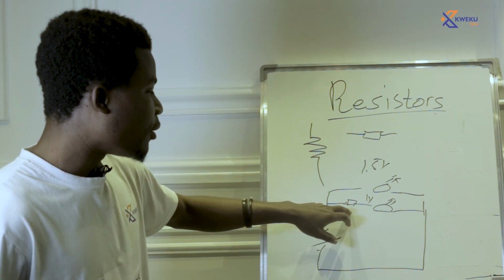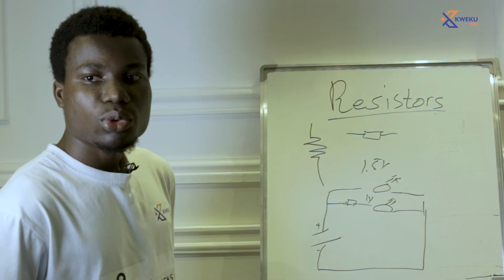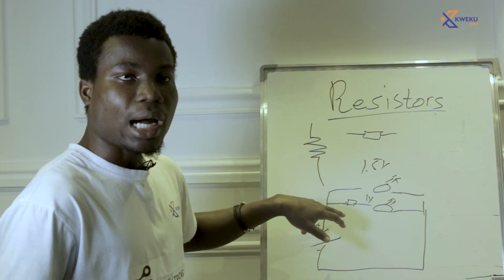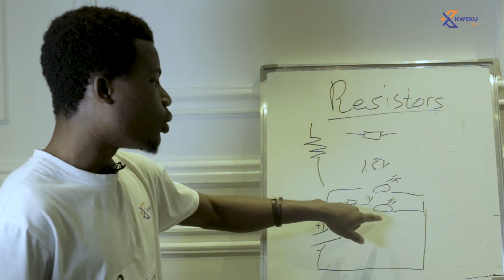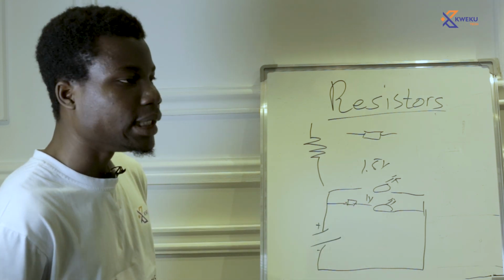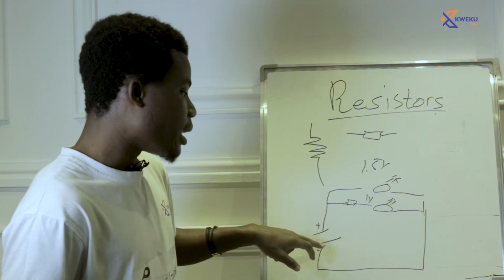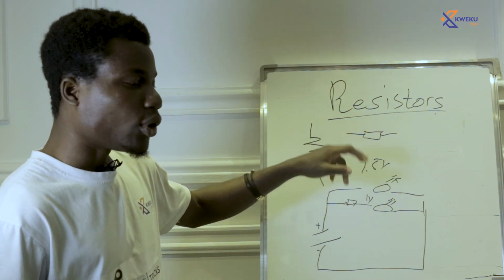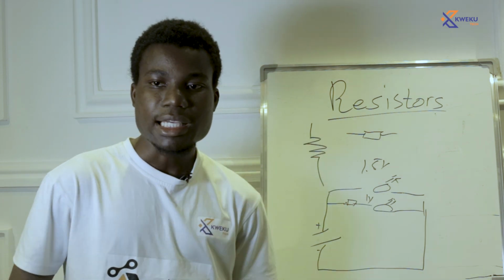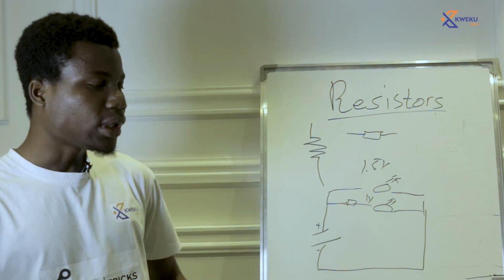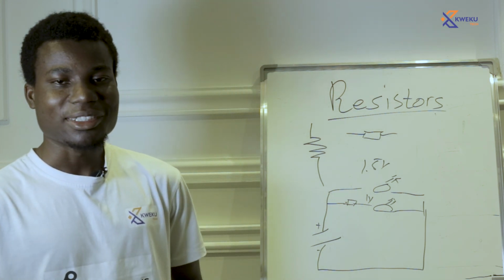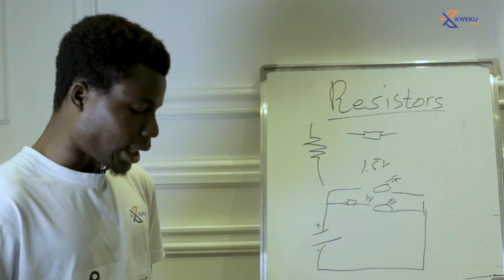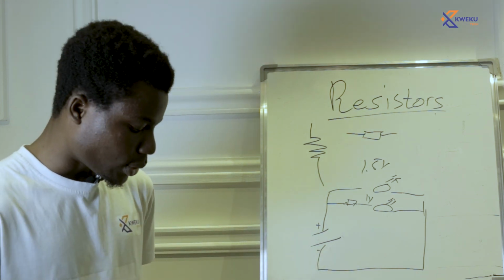But if you have a resistor here of the appropriate resistance, right, we can control the voltage that goes to our LED here, and then we can have the same power source providing two LEDs of different voltage. So that is the use of the resistor. So now you know that I understand what a resistor does and what it is, right? Let's see. I think I brought one of the resistors with me.